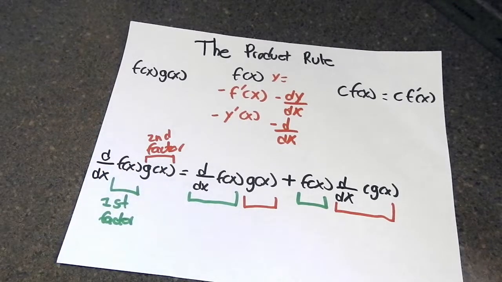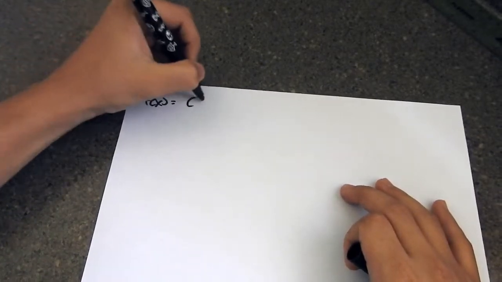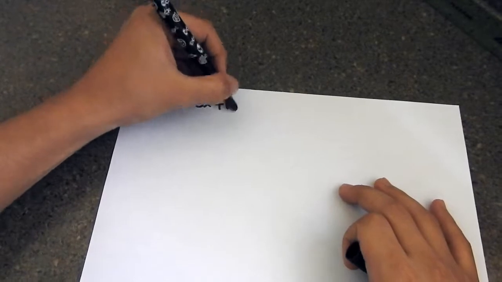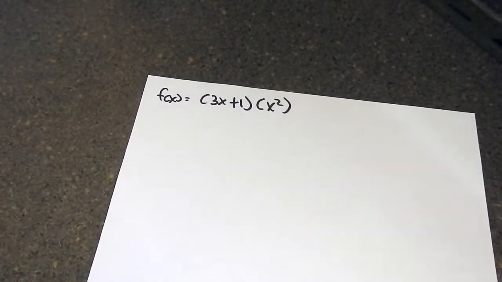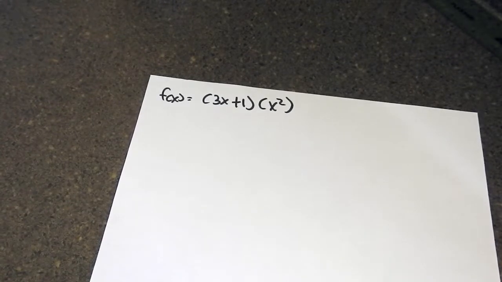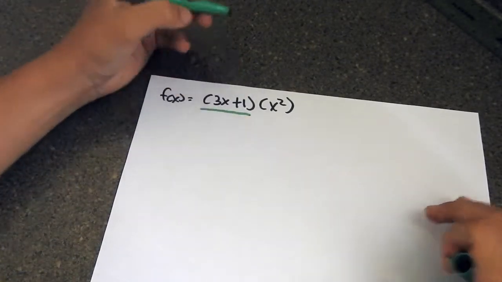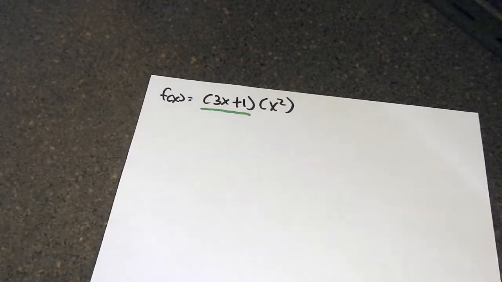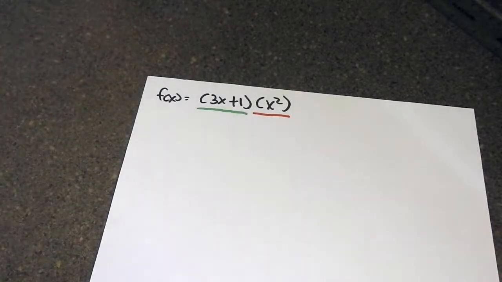Now I'm going to use the product rule in this example. We have our function f of x equals 3x plus 1 times x squared. First of all, let's identify our two factors: 3x plus 1, and our second factor is going to be x squared.